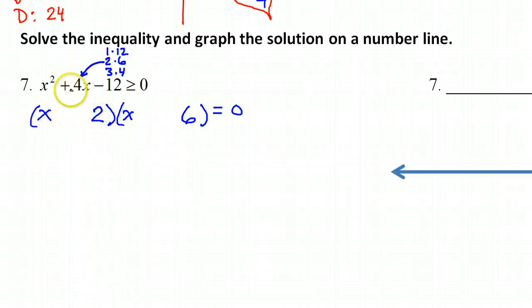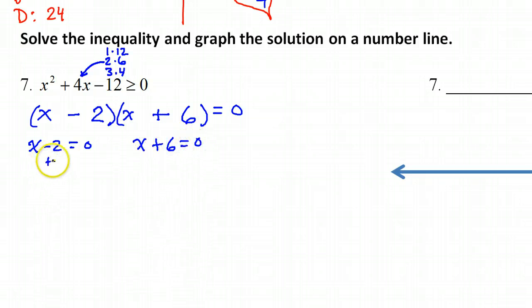Okay, I need a positive 4. So a negative 2 and a positive 6 will give me a positive 4. So boom, there you go. Now, to get the x-intercepts, I would set these equal to 0. So x minus 2 equals 0, and x plus 6 equals 0. Adding 2 to both sides gives me x equals 2.